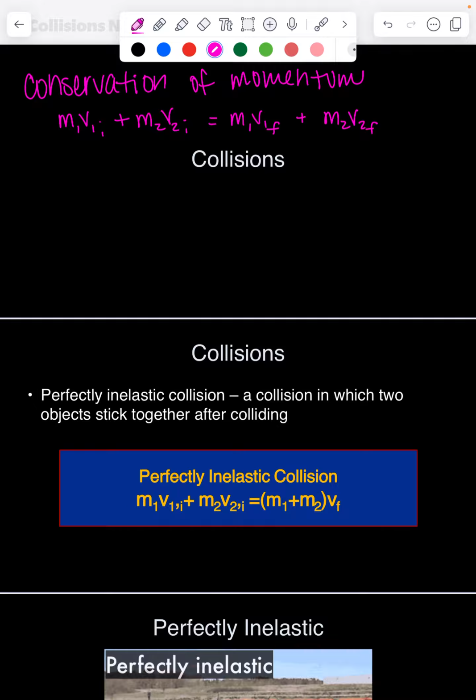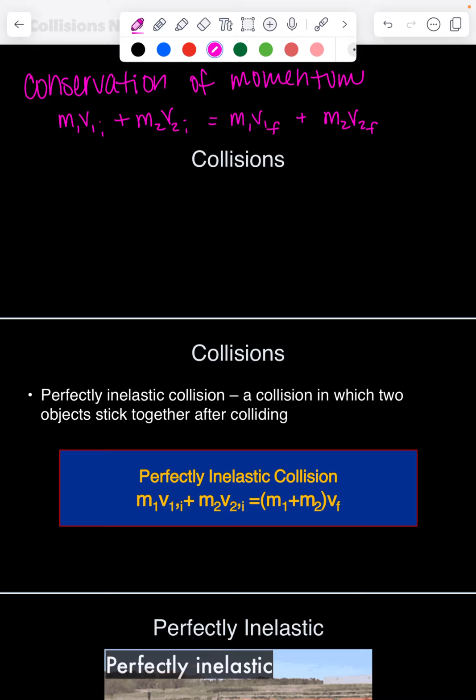We saw that even if the objects themselves do not have the same momentum as what they started with, it's the total momentum that was conserved.